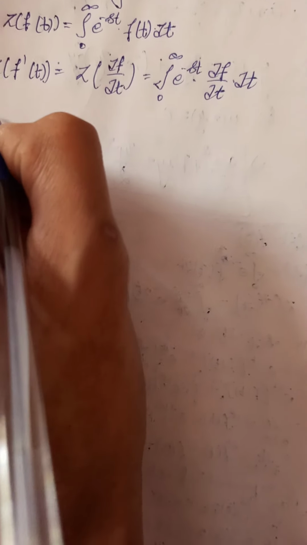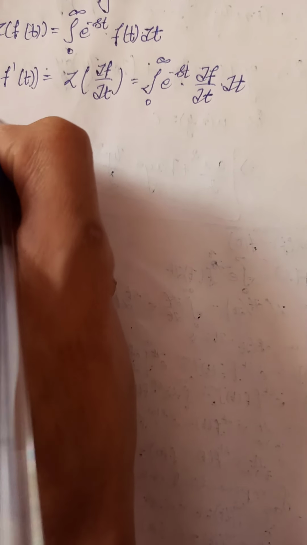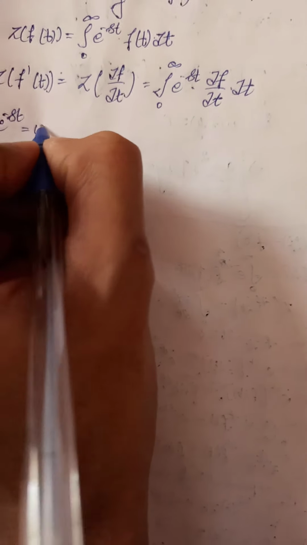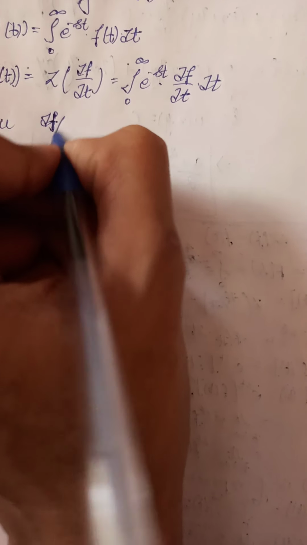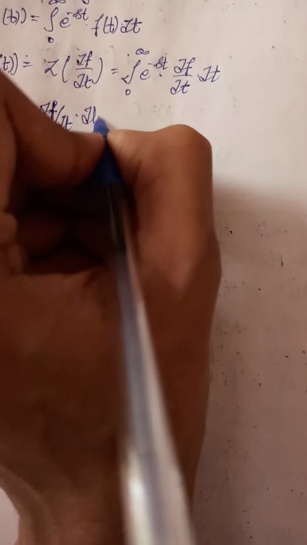This can be simplified by using integration by parts, and for that let's assume e power minus st as the first function u and df by dt into dt as the second function v.